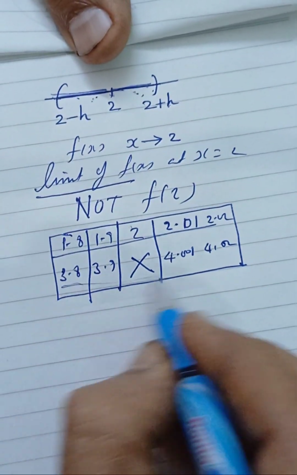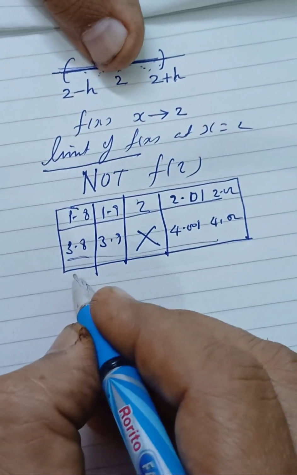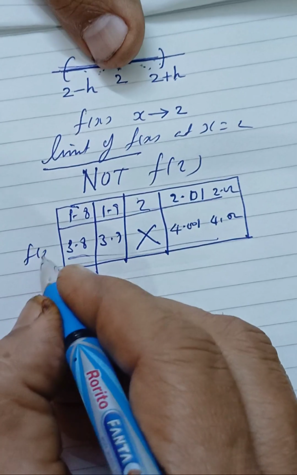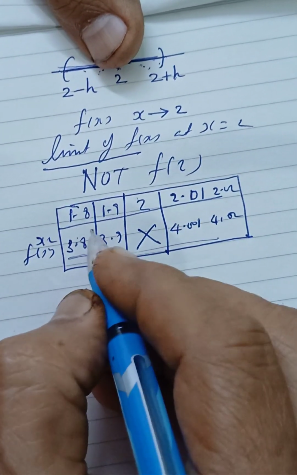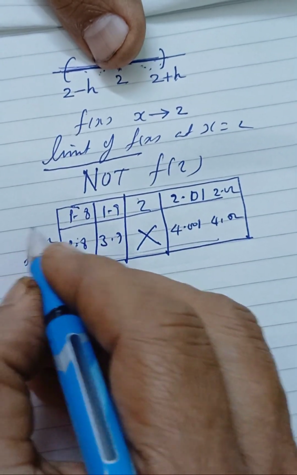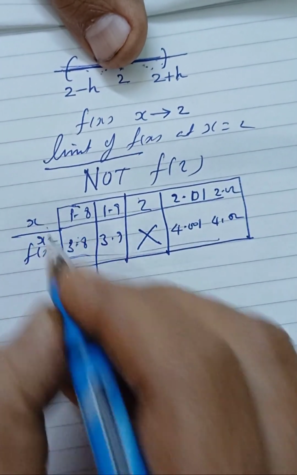When you observe this table, you can see the values of this function f of x, which is the value of x square. I'm not writing the correct value, it's an approximate value. And these are values of the variable x.